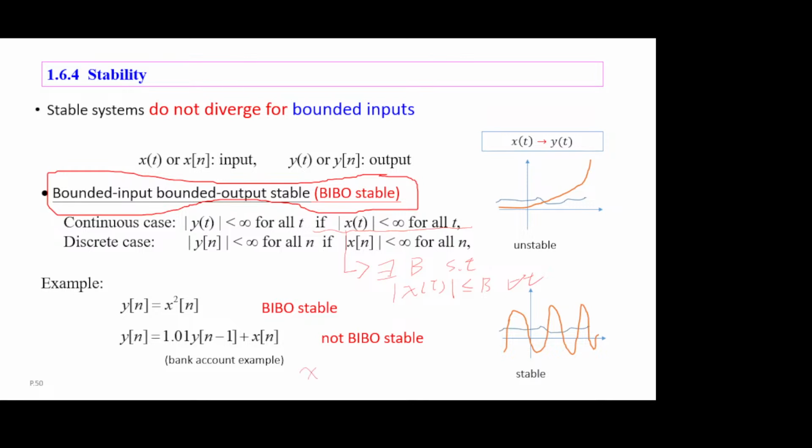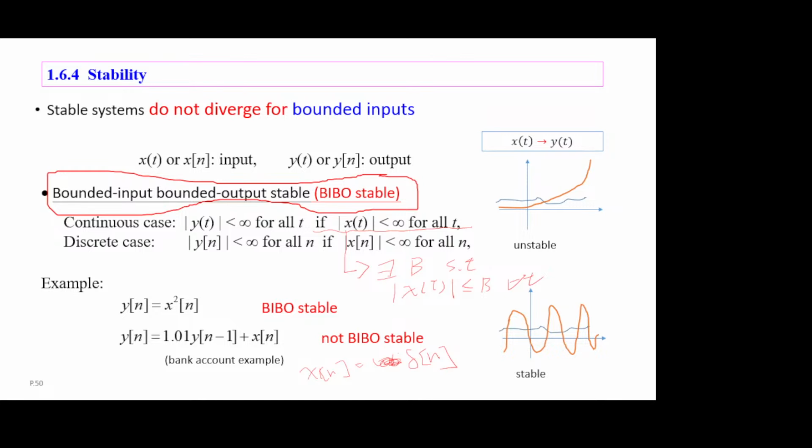Let's say your x of n equal to delta of n, so this is very bounded. This is less than or equal to 1 everywhere. But then your y of n for n greater than or equal to 0 will have this exponential growth part. And that's not bounded by any number because it keeps growing exponentially.